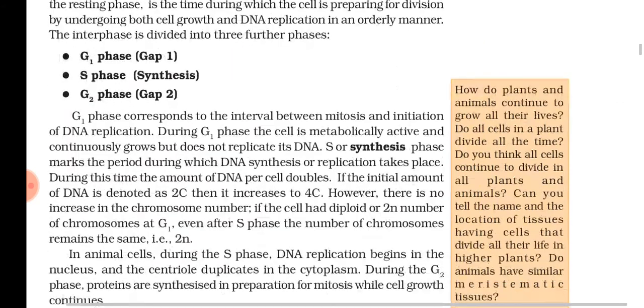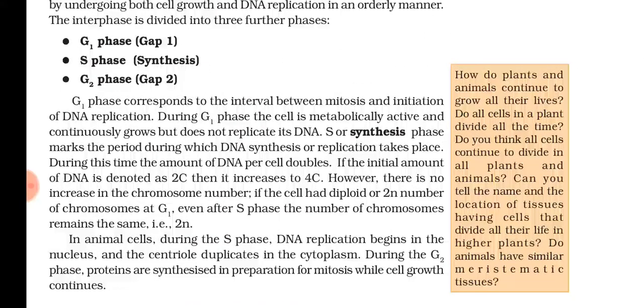And it is divided into different stages like G1 phase, S phase and G2 phase. G1 phase is where cell growth takes place, along with protein synthesis. And S phase is where DNA replication takes place. DNA replication is the process whereby the DNA molecule gets duplicated.